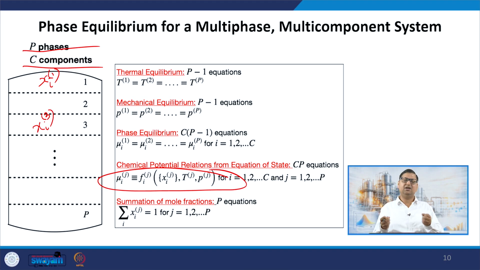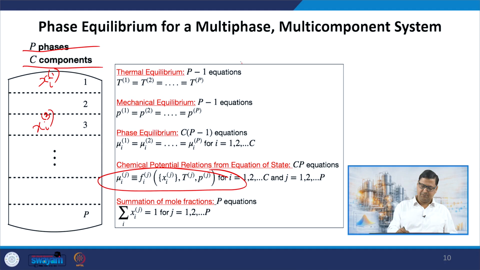So, I can define independent compositions for every phase, and whatever mole fraction I define for components in each phase, if I sum over the components, it should go to 1, because that is the definition of the mole fraction, right. So, this gives me these equations which I now need to together consider in order to consider the phase equilibrium for a multi-phase multi-component system.